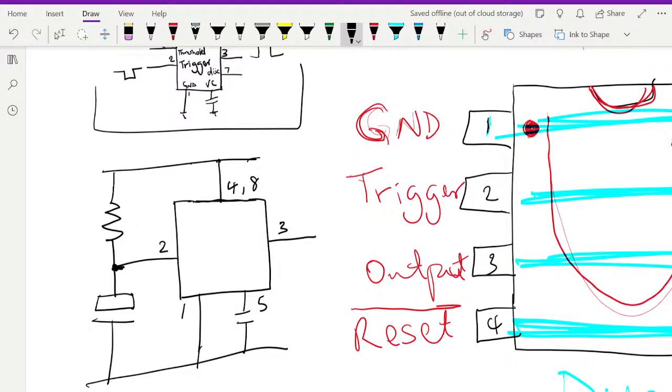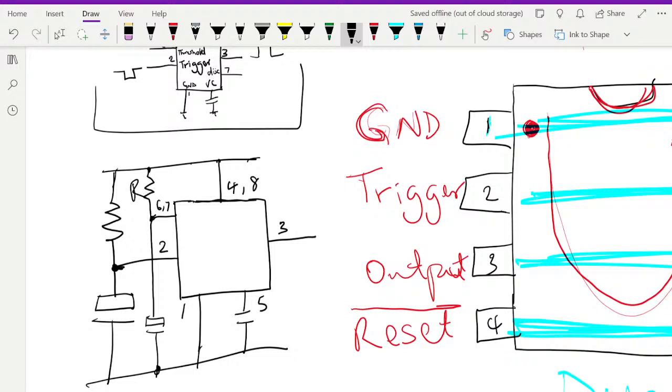Now, this circuit that I have here, I can just have 6 and 7 go through a resistor. I need a resistor here and a capacitor, where these two will be my 6 and 7.